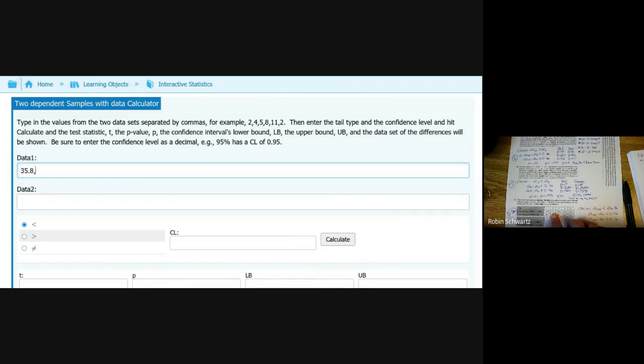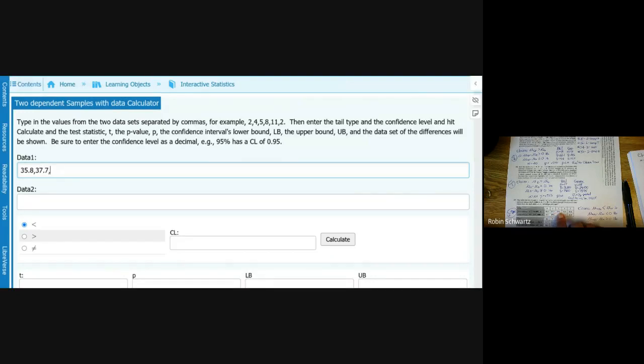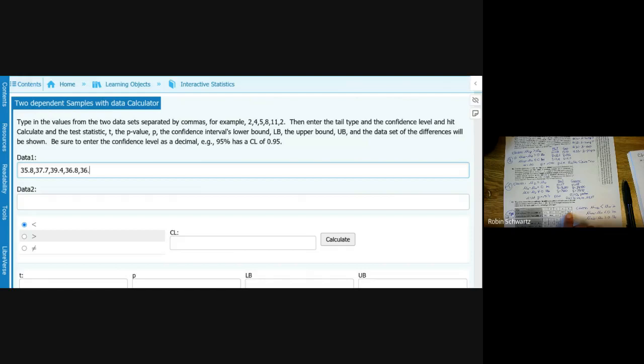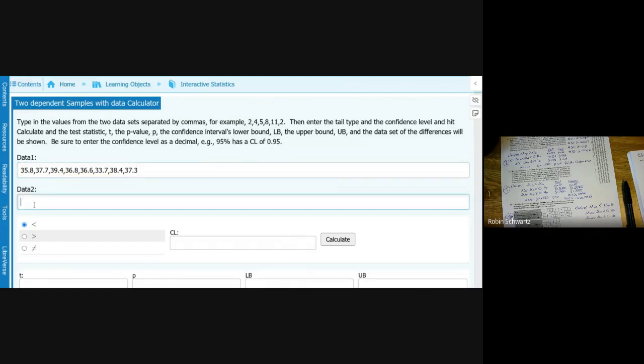So 35.8, comma, no space, 37.7, comma, 39.4, comma, 36.8, comma, 36.6, comma, 33.7, comma, 38.4, comma, and 37.3, no comma.